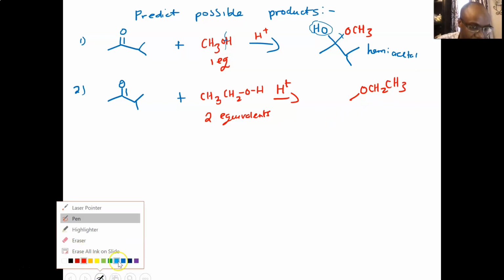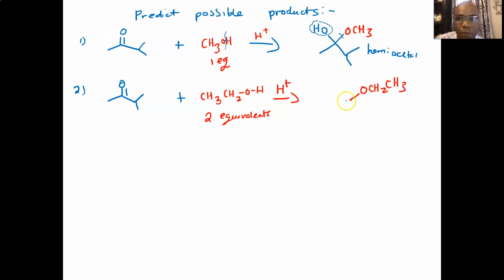So I'm just gonna show you the intermediate step. So the carbonyl will be converted to OH again. That's your hemiacetal. But because you have two equivalents, the final product that I would have been grading is where you'll have OR. So eventually you'll have two OR groups.